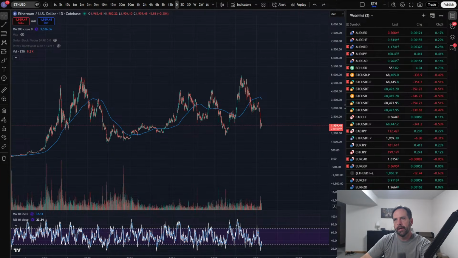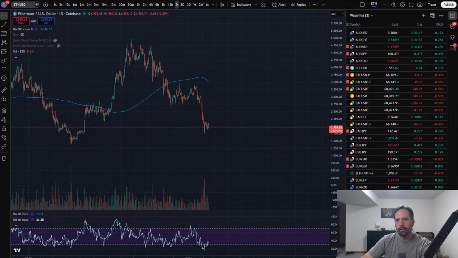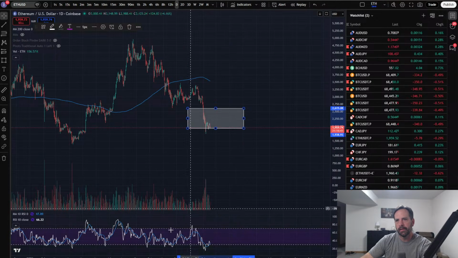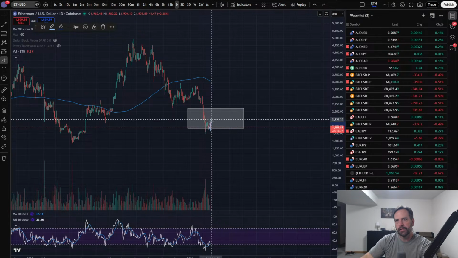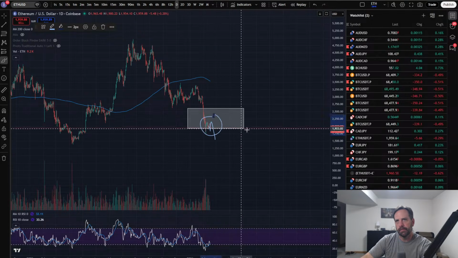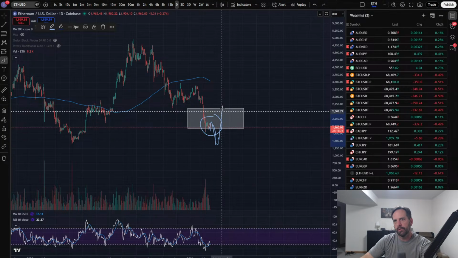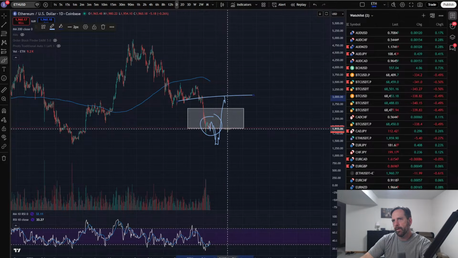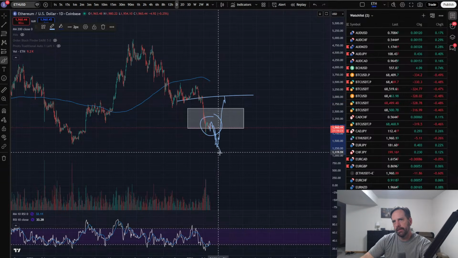So, where are we in this wave? Well, we got a big old single print here to the downside. More than likely, whatever that structure is going to finish, right? And then come down and make a lower low, and then it'll be back up here eventually. If it comes down here, that's $1,200 there. That's $1,000 there.